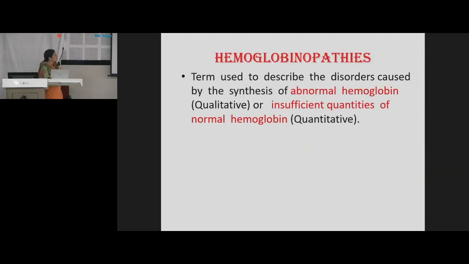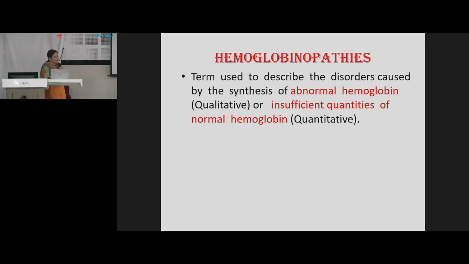The term hemoglobinopathies is used to describe the disorders caused by the synthesis of abnormal hemoglobin. That means abnormal hemoglobin is present maybe because of substitution of amino acids, which is called qualitative hemoglobinopathy, or insufficient quantities of normal hemoglobin.